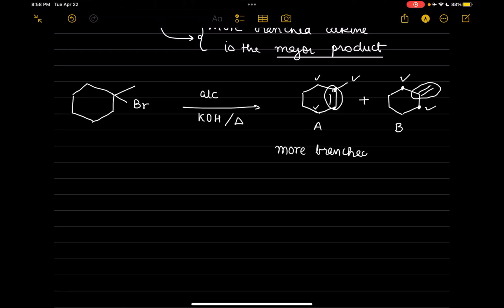Okay, more branched, which is having more carbon groups on all its sides, is known as Zaitsev alkene. And this is less branched, Hofmann alkene.